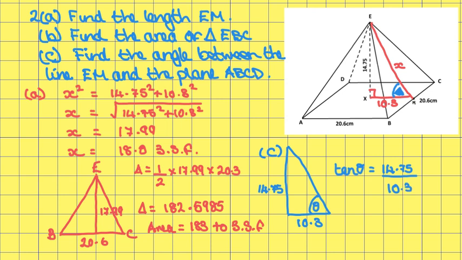So theta is equal to tan to the minus 1 of 14.75 divided by 10.3. So theta is equal to 55.1 degrees to 3 significant figures.